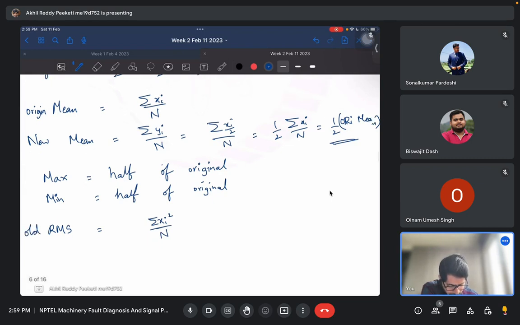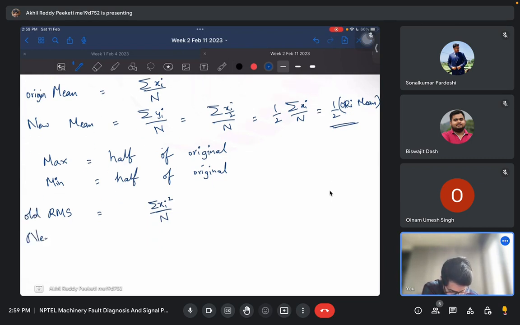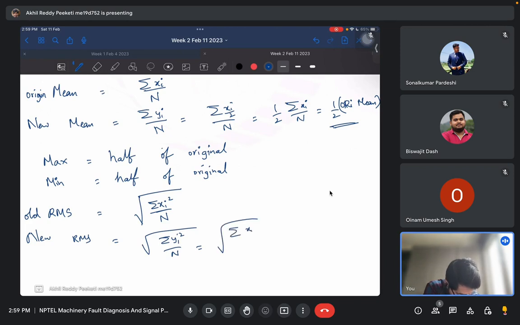The new RMS would be the square root of sigma yi square by n, and since yi is xi by 2, whole square by n, that gives x square by 4, and so it becomes 1 by 2. So 1 by 2 into the old RMS.